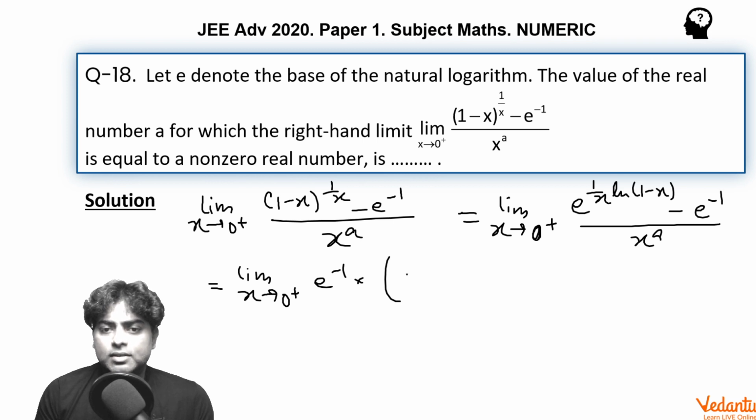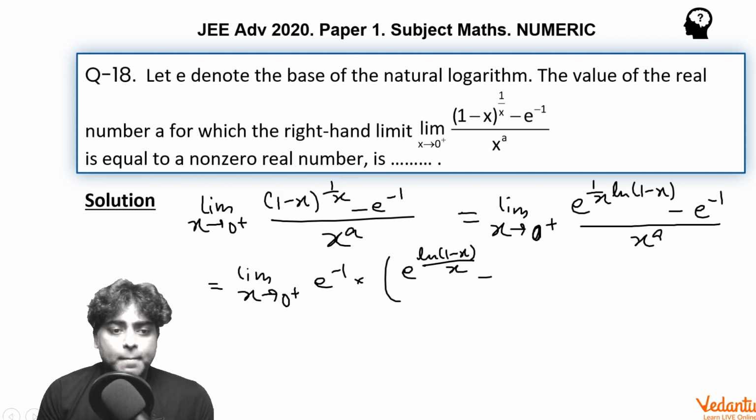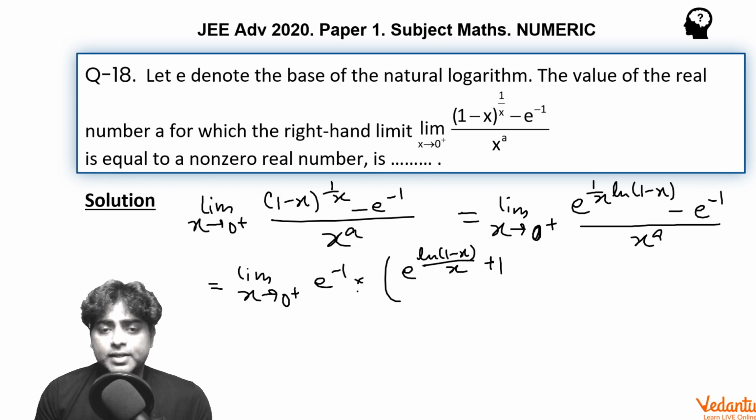If I take, then I'll get e raised power ln(1 minus x) by x plus 1, because I have taken e raised power minus 1 common, minus 1, divided by, now in order to make standard format, I should write 1 plus ln(1 minus x) by x.